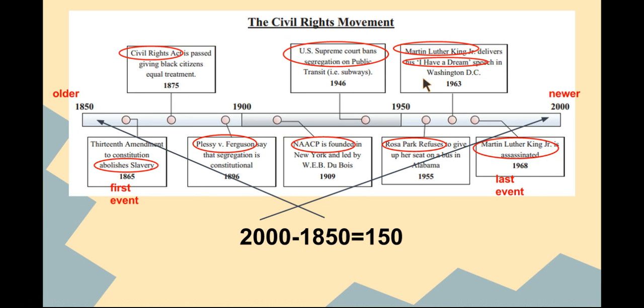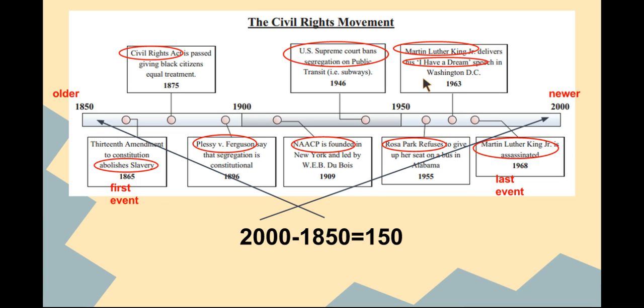Timelines show events that happen in a particular period of time. The period of time a timeline shows is called the span of time. Some timelines show events that happened over 10 years, 100 years, or even 1,000 years. For example, this timeline of the Civil Rights Movement represents events from 1850 to 2000, or 150 years.